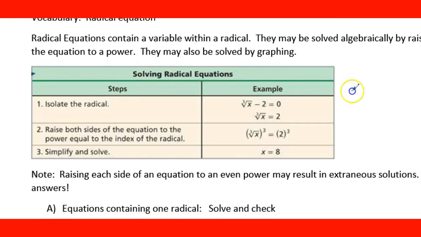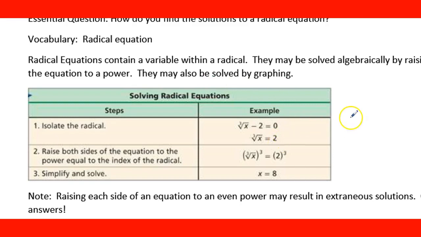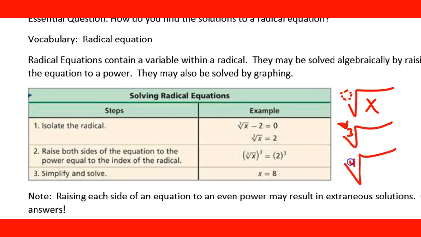When you have a radical, the number right here, like with a square root, there's nothing there. It's an implied 2. But when you have a 3, that's the cube root. The index is 3. When you have a fourth root, the index is 4.